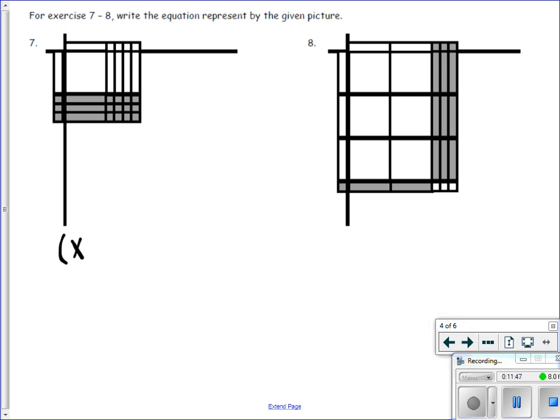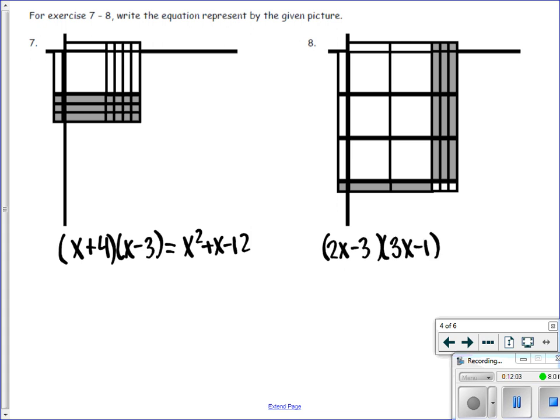X plus 4, x minus 3. And what was it equaling in the middle? x squared plus x minus 12. What about the next one? 2x minus 3, 3x minus 1, 6x squared minus 11x plus 3. Okay. Are we good with that?